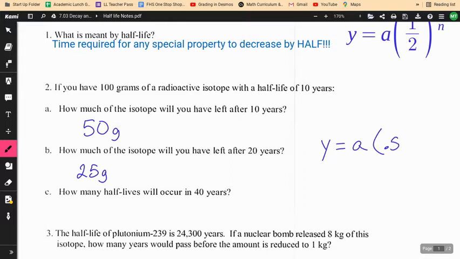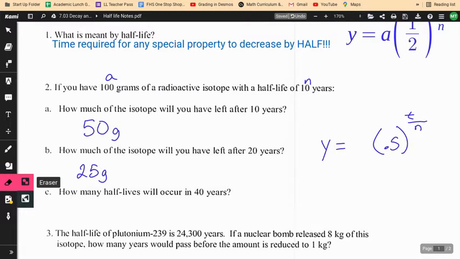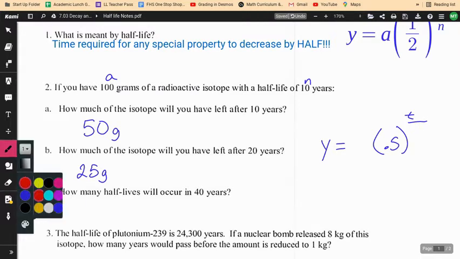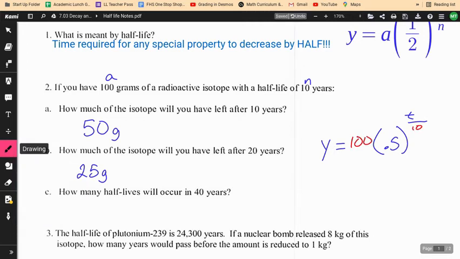This time I'm going to use a decimal just to show that you can also use a decimal. I need to understand that 100 is my initial value, which is my a variable, and 10 years is my half-life, which is represented by n. I am simply going to substitute those two values into my equation, and this is how I would find those final amounts.